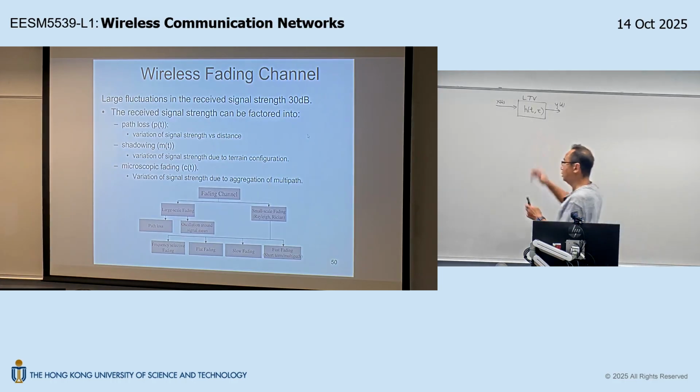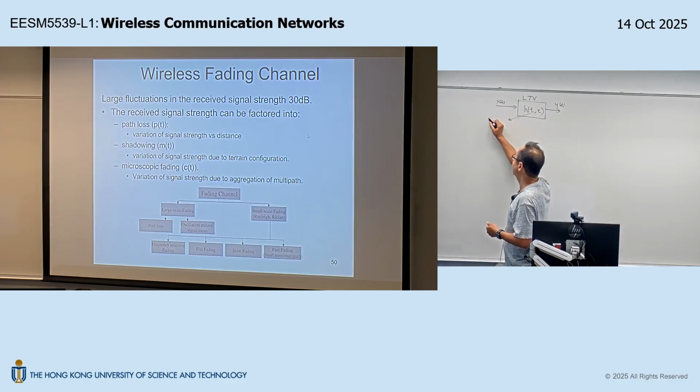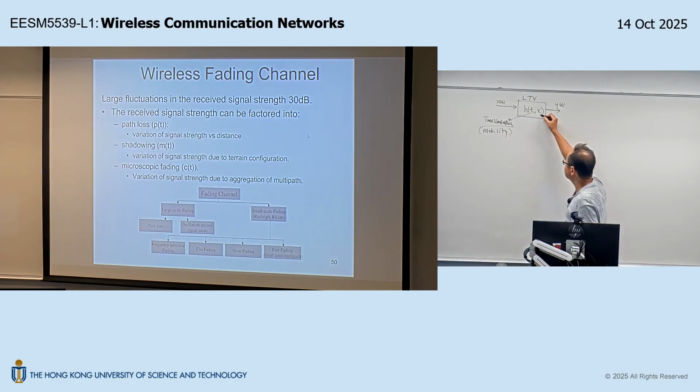Same here. We mentioned that this t, the time variable, is used to denote the time variation dimension, and the time variation is driven by mobility. And this tau dimension is what we call delay.